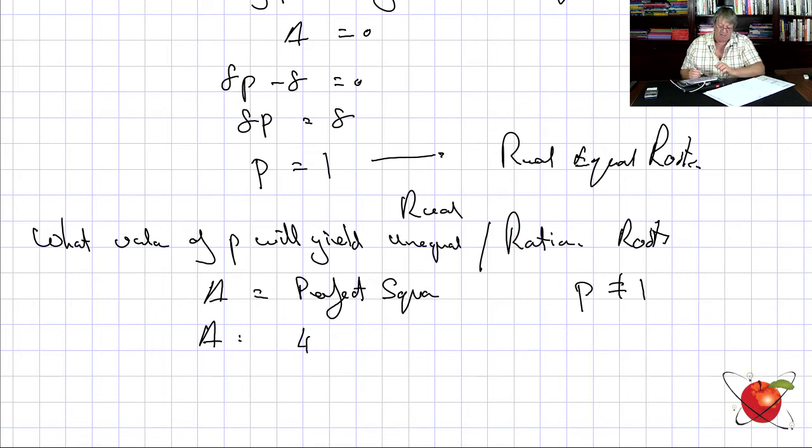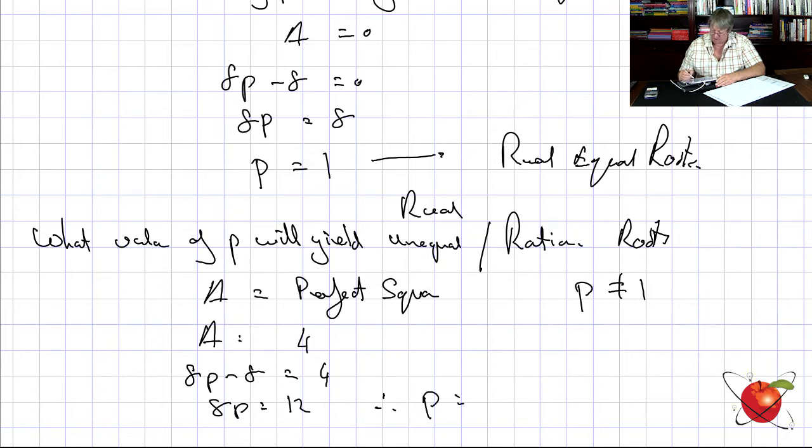So I then say, right, I solve for it, b squared minus 4ac, 8p minus 8 equals 4. Therefore, 8p must be equal to 12. Therefore, p is going to be equal to 12 over 8, which is going to be equal to 3 over 2.